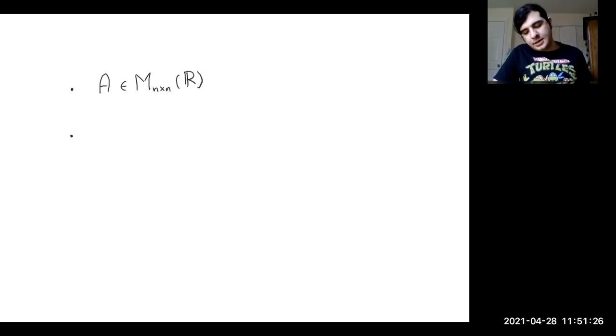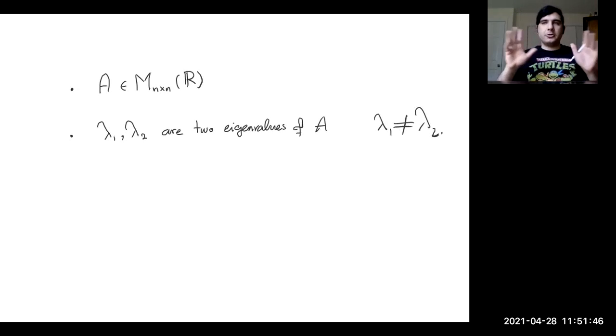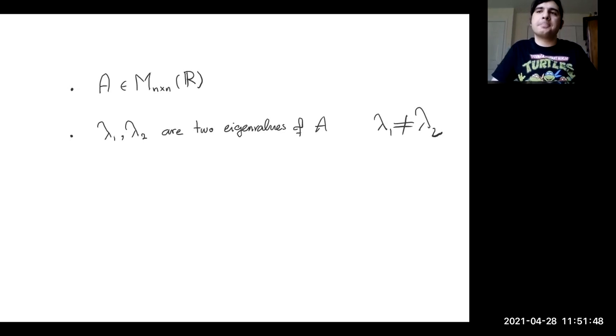Suppose we take two distinct eigenvalues of A. Suppose lambda 1 and lambda 2 are two eigenvalues of A, where they are not equal. So lambda 1 is not equal to lambda 2. There are two different eigenvalues.